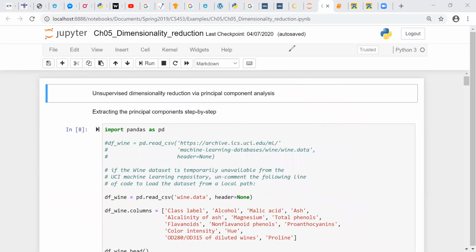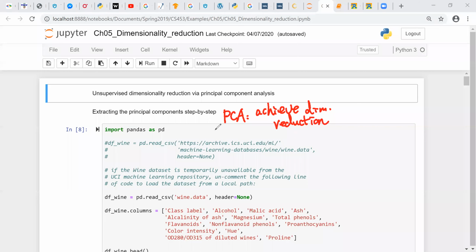And a review of PCA. PCA can achieve dimensionality reduction.